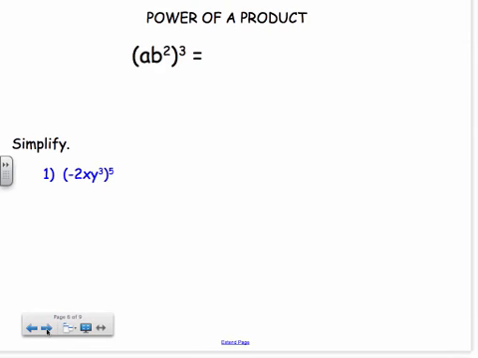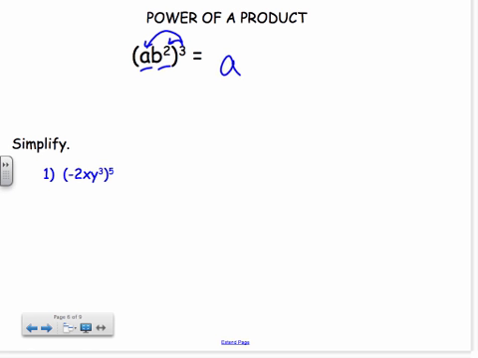Our last one we introduced was a power of a product. And if you remember, this is very similar to the distributive property, right? So if I look at my example here, I have a times b to the 2nd, and I'm taking all of that to the 3rd power. So what's really happening is I'm just distributing this 3rd power to each of them.